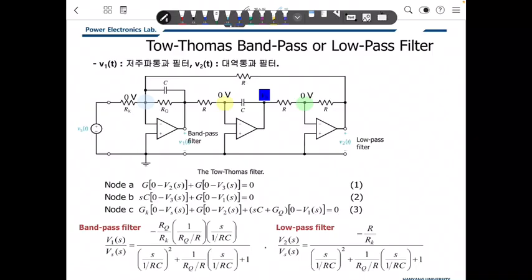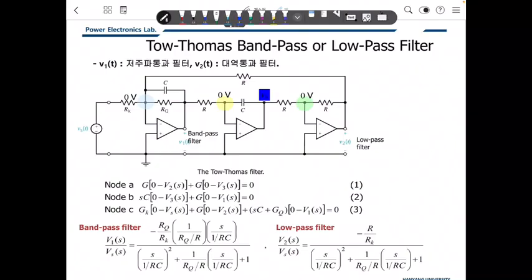Next, we will discuss the second-order bandpass or low-pass filters. That is about the cascade connection of filters. But the second-order filter is a little different anyway.